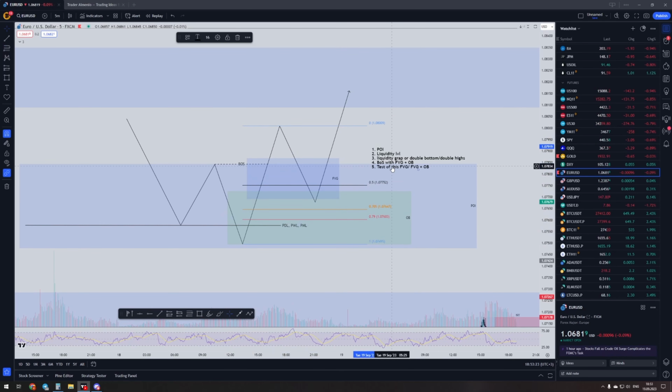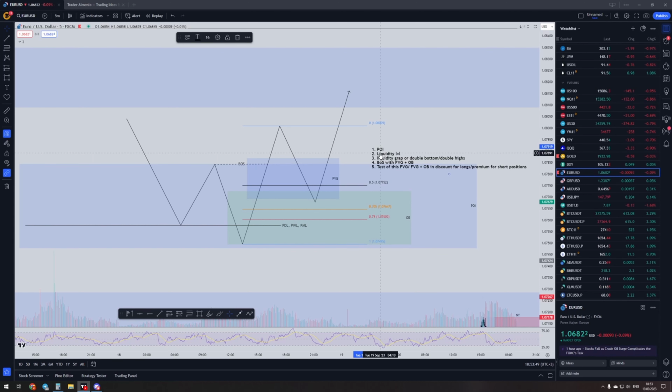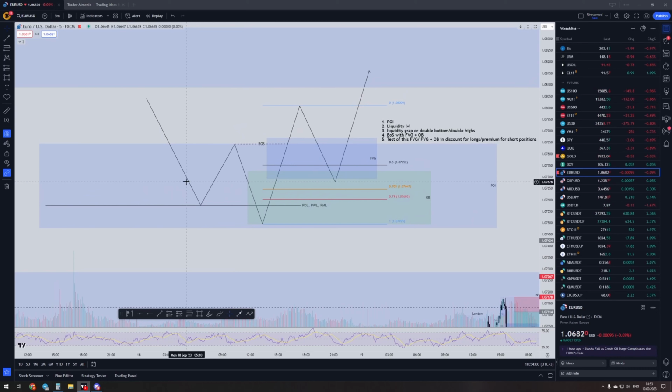And everything should be in discount for a long position, and premium for short positions. So remember these 5 criteria that you have to see on the chart. If you don't see them, just skip this trade.